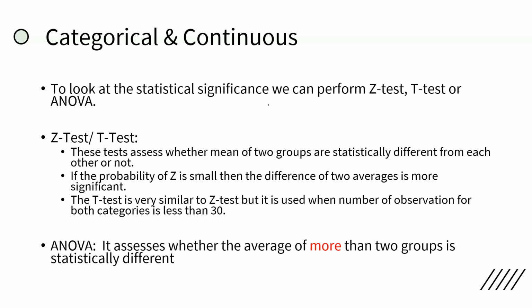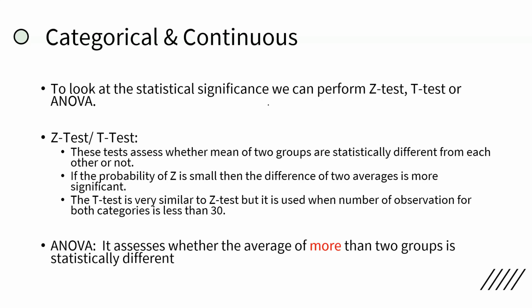So obviously in most of the cases the number of observations, the number of historical data that we are taking up for building the machine learning model will be more than 30, so invariably we'll be going for t-test, right? So what do I mean by two groups, right? Which is the categorical and continuous, right?